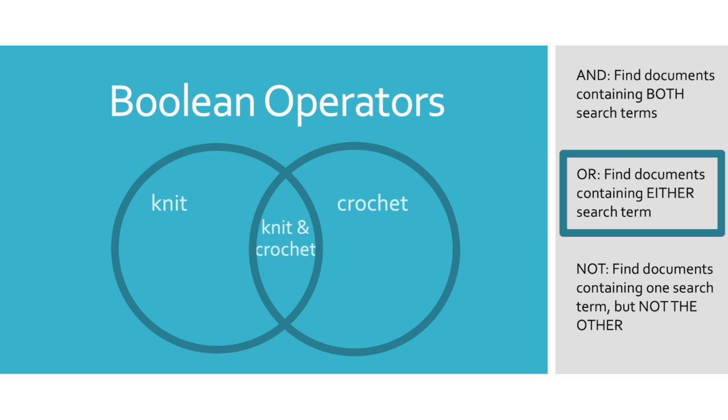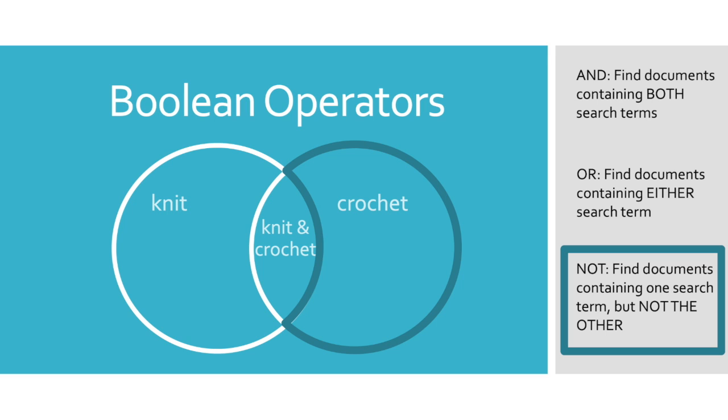The OR operator, on the other hand, will give you those containing both terms or just one or the other of the terms. And finally, the NOT operator will only retrieve documents which do not contain the second term, the term that comes after the NOT. In this example, this search would be for crochet, not knit.